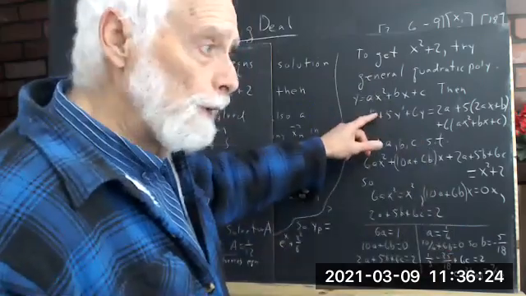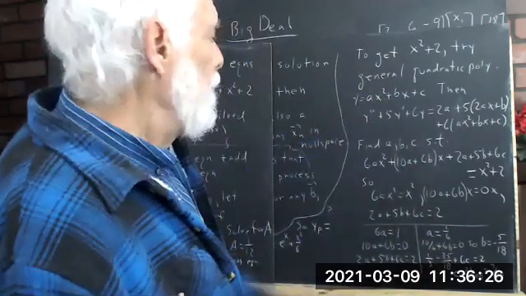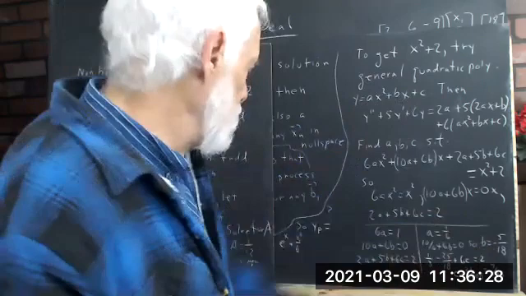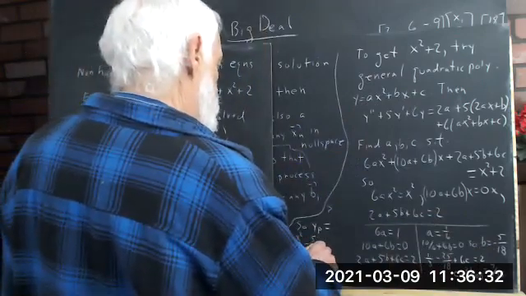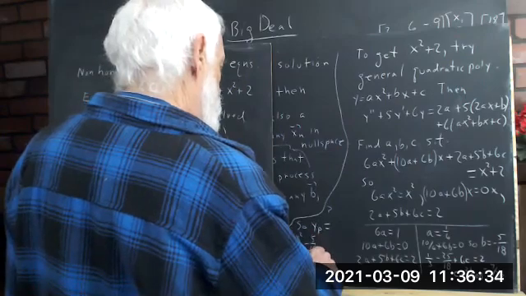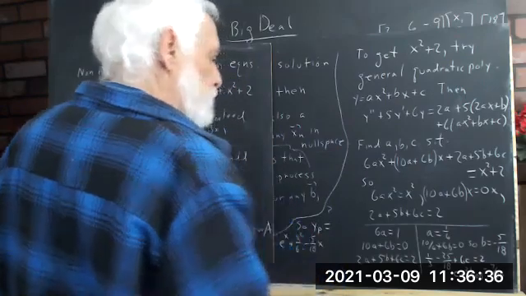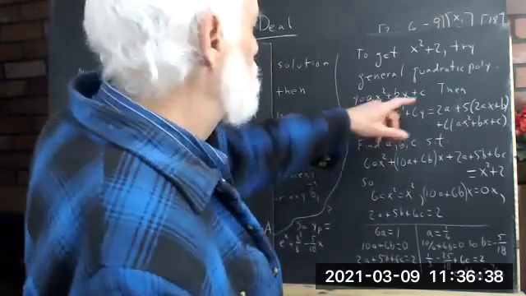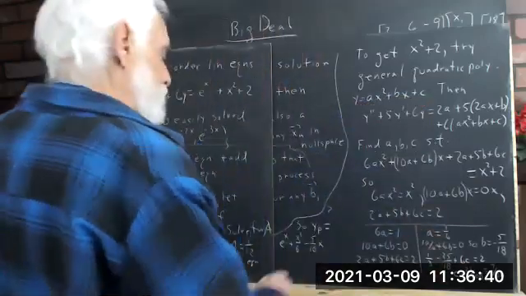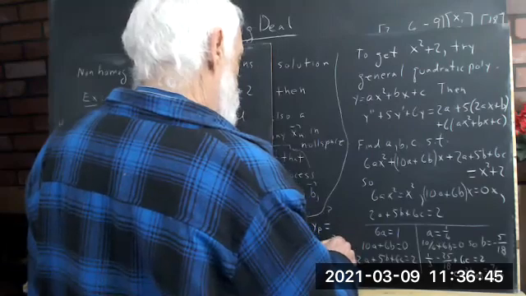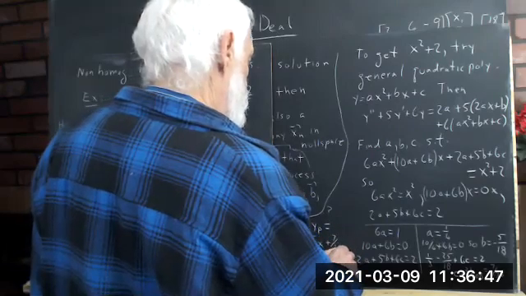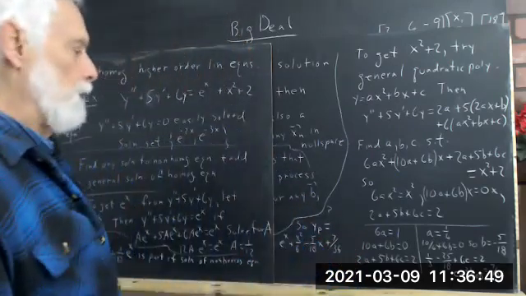We're going to have a 1/6 x squared. And then bx will be -5/18. And then plus c, which, if I did it right, is 7/36.